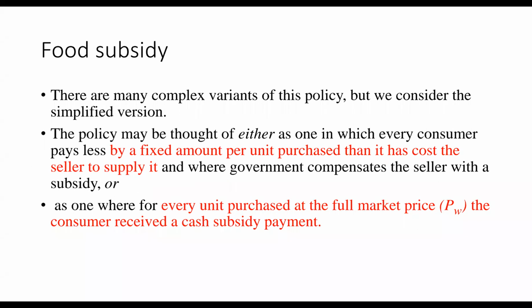The policy may be thought of either as one in which every consumer pays less by a fixed amount per unit purchased than it has cost the seller to supply it, and the government compensates the seller with a subsidy, or as one where for every unit purchased at the full market price, the consumer receives a cash subsidy payment.